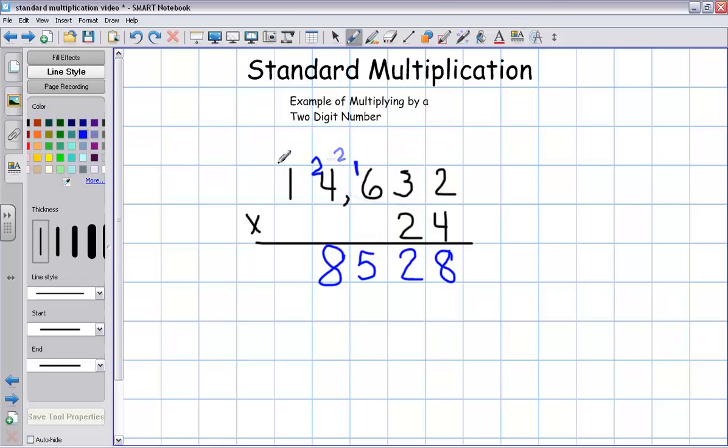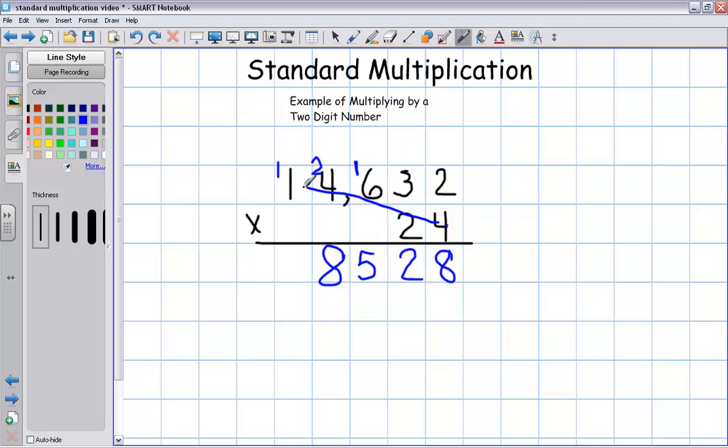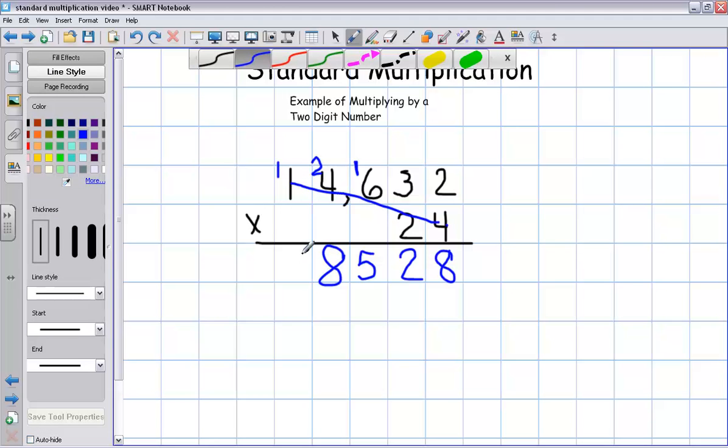What am I going to have to do with my 1? I'm going to have to regroup it over here. Now I'm going to have 4 times 1 plus 1 gives me 5. Okay. Now this is only for my first row, by multiplying by the ones column.